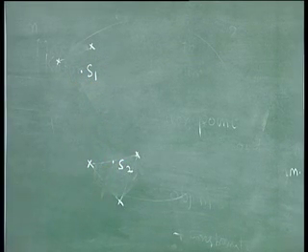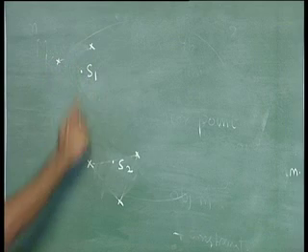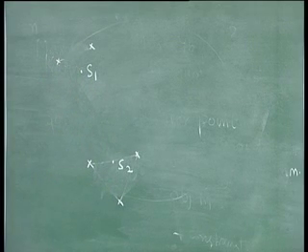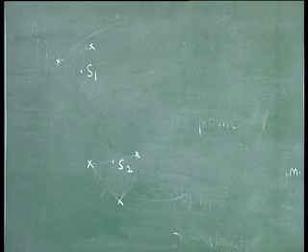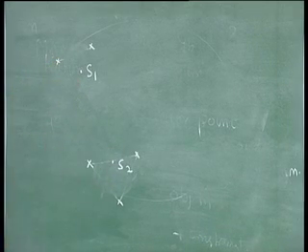Now, the moment I define 2 seed points S1 and S2, I will try to assign the given points 1, 2, 3, 4, 5, or cluster them around the seed points. That is a very simple thing to do. So, these two will go to this seed point, these two will go to this seed point.